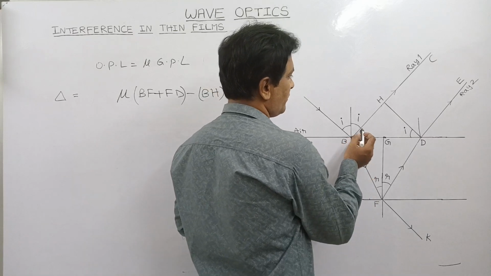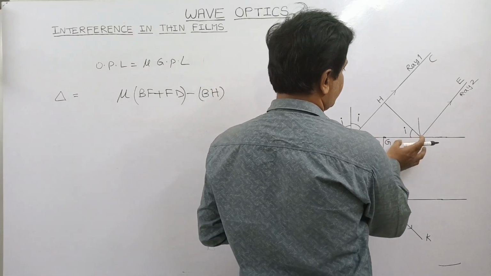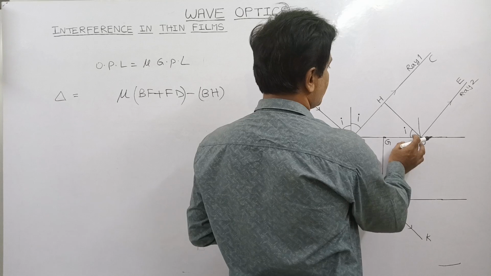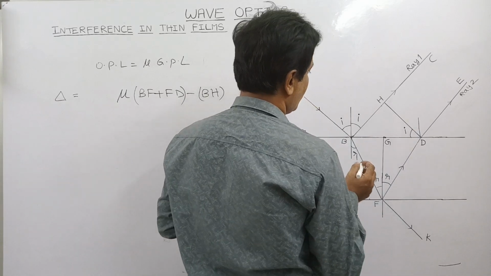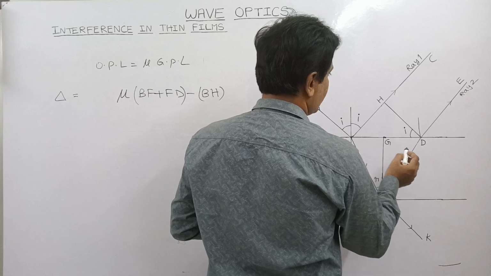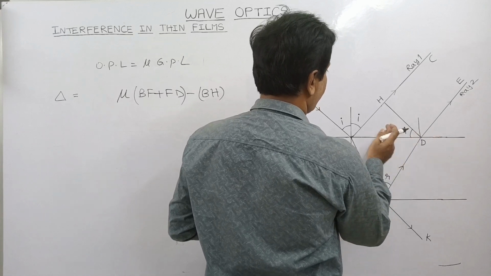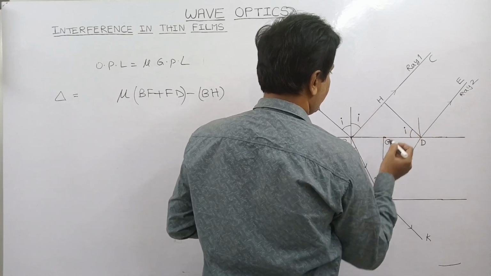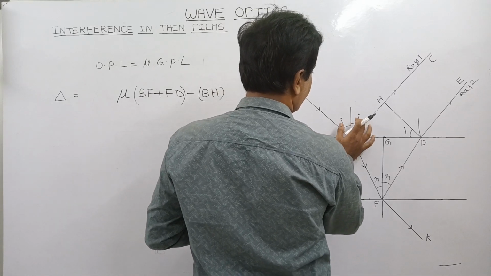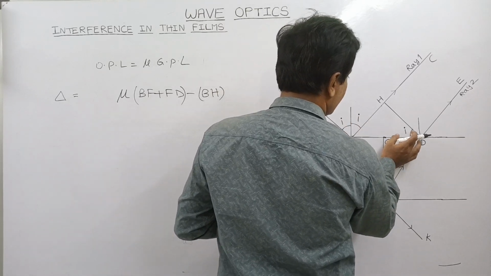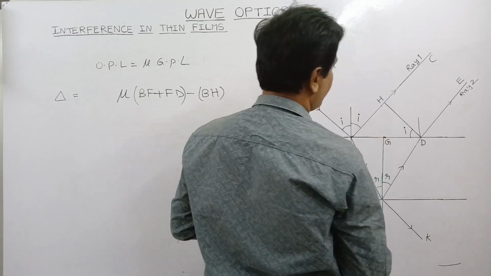If this is the angle of incidence, by symmetry with the properties of triangles we can say this angle is also the angle of incidence, because for this line this is the perpendicular and for this line this is the perpendicular. So these two have an angle of incidence here, and this also has the same angle of incidence.